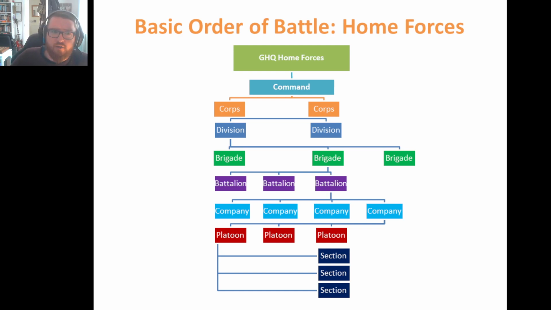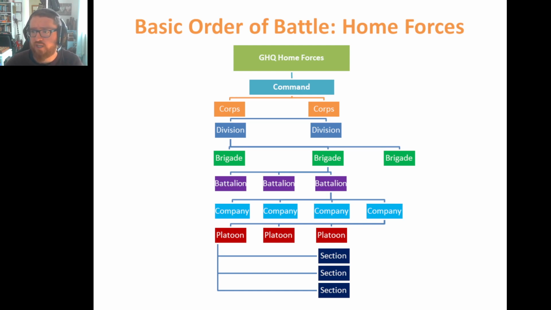Northern Command, which is the one I'm better acquainted with, covered Lincolnshire, all of Yorkshire, parts of Leicestershire, Nottinghamshire, Northumberland, all the way up to the Scottish border, and parts of Tyneside as well, as an example. So it's worth getting acquainted with the fact that after the GHQ Home Forces, the country was divided into several commands, and it's worth being aware of where these were and their general boundaries.